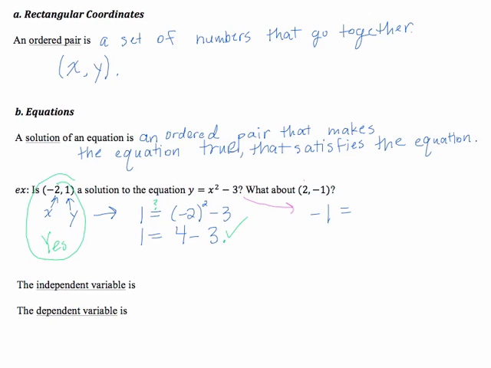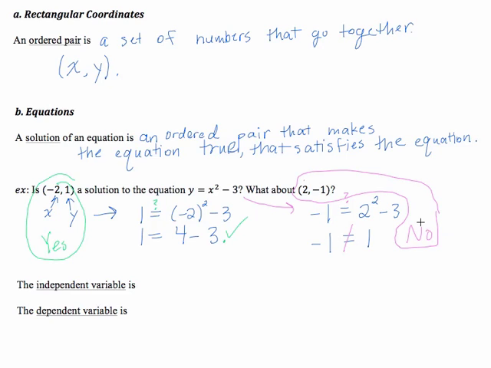Does -1 equal x² - 3? So x is 2, 2² - 3. Well, 2² - 3 is equal to 4 - 3, which is 1, which is not equal to -1. So no, the point (2, -1) is not a solution because it does not make the equation true.